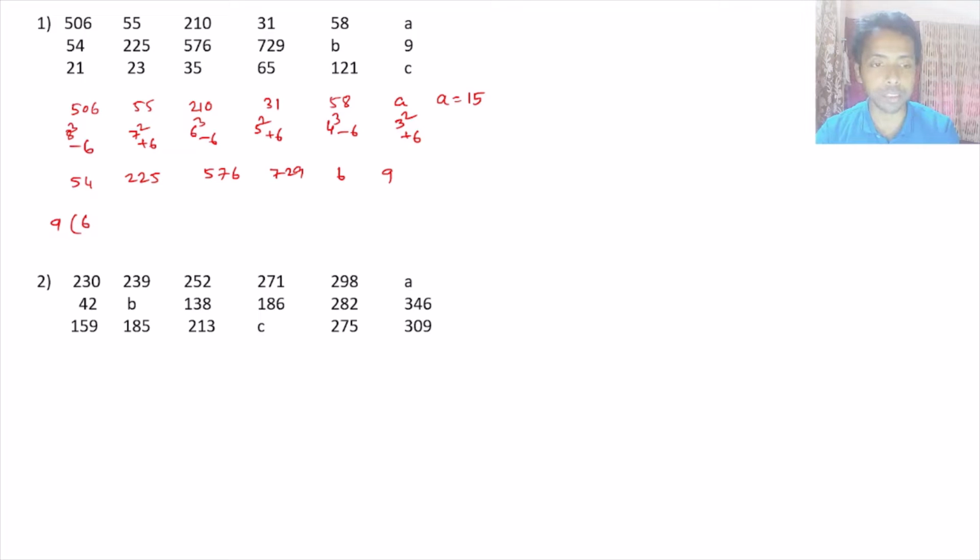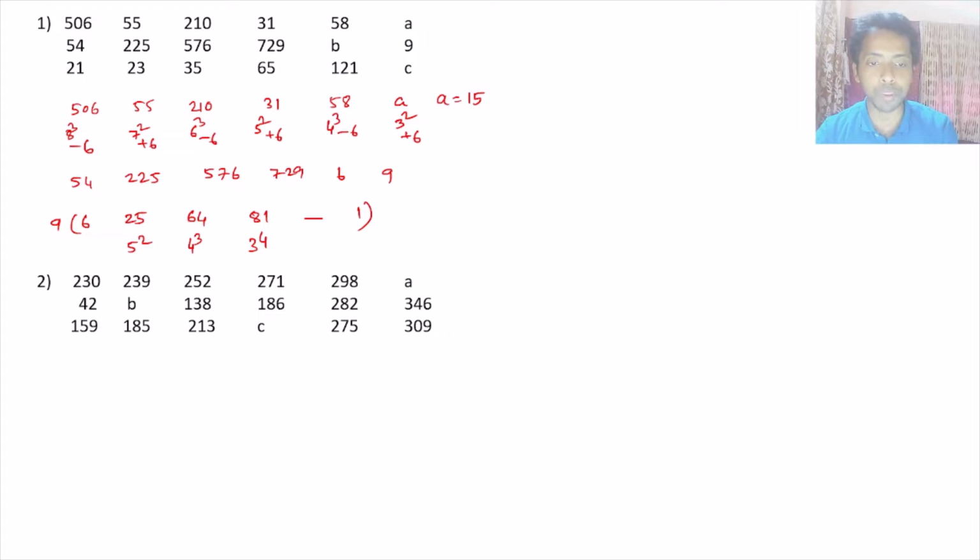This is 6, 25, 64, 81, a gap, and 1. See, 25 is what? 5 square. 64 is 4 cube. 81 we can write as 3 to the power 4.